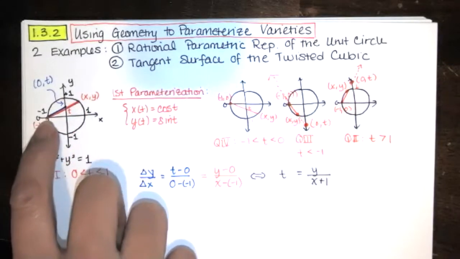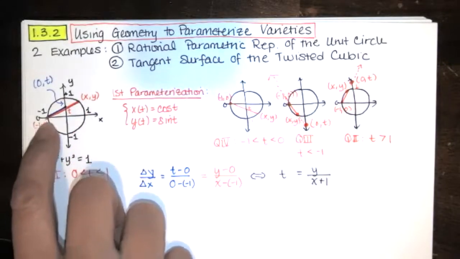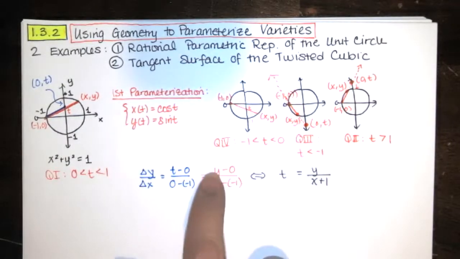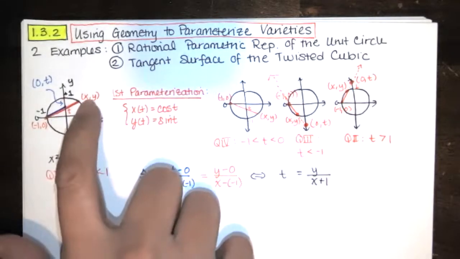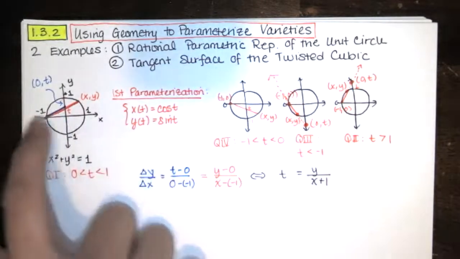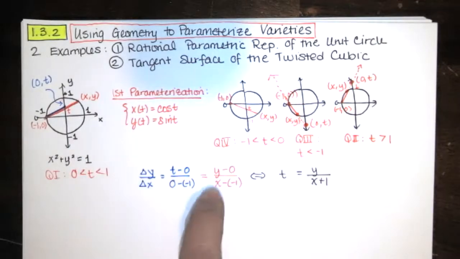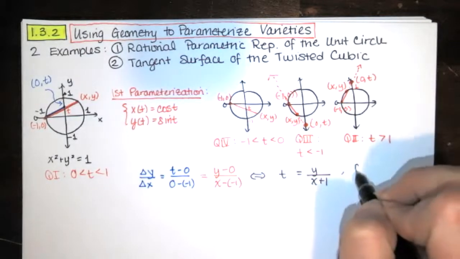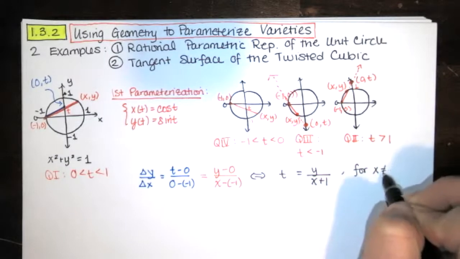The point xy can't be -1, 0 when we're looking at the slope of the line segment that goes through this point and this point. We can't use -1, 0 and -1, 0 here, as we'd get 0 over 0 form. So t is equal to this, clearly for x not equal to -1.